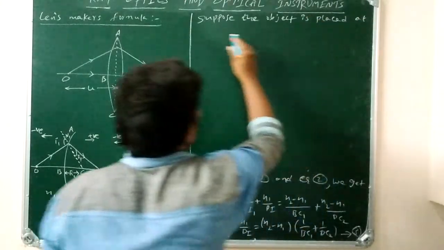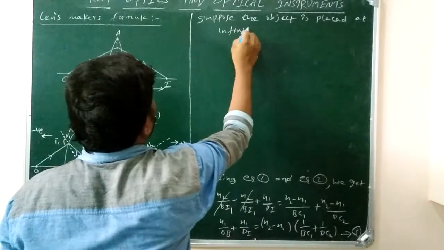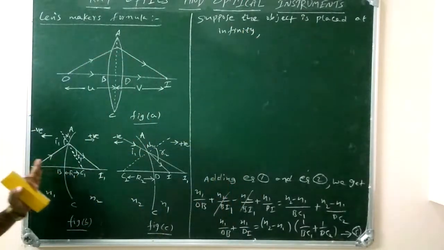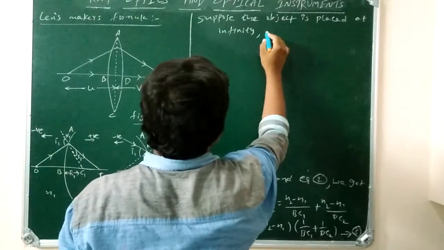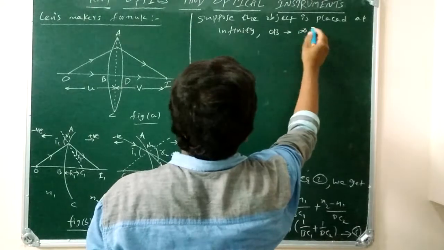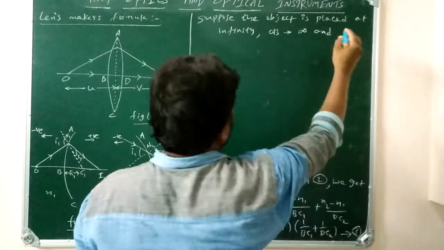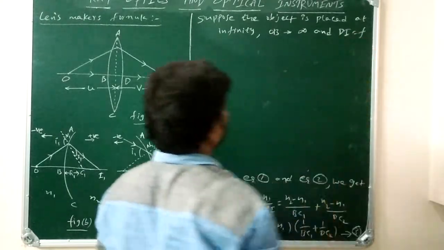Then OB equals infinity, and DI is equal to the focal length.